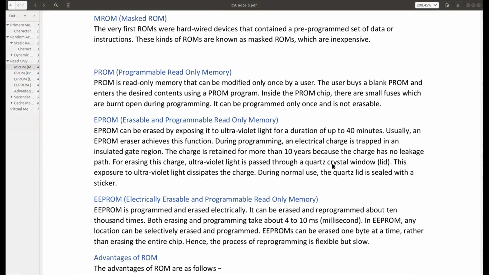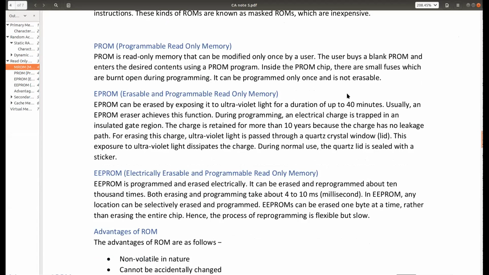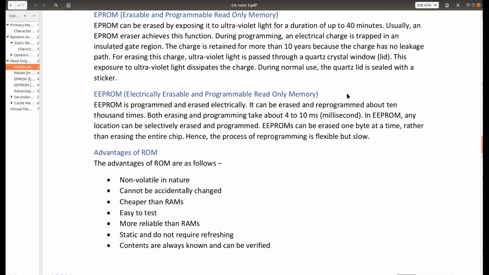So that's why we have another mechanism known as EEPROM. EEPROM is electrically erasable and programmable read-only memory.